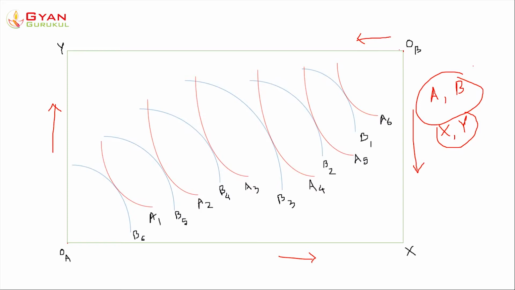The indifference curves for consumer B are shown from right to left; the right side denotes lower indifference curves, and as we move from right to left, the indifference curves are higher and higher for consumer B.